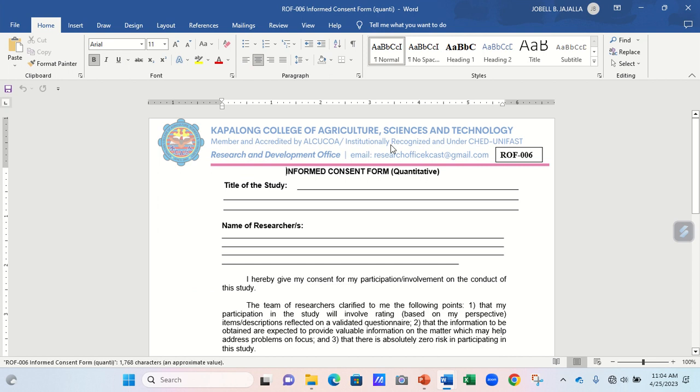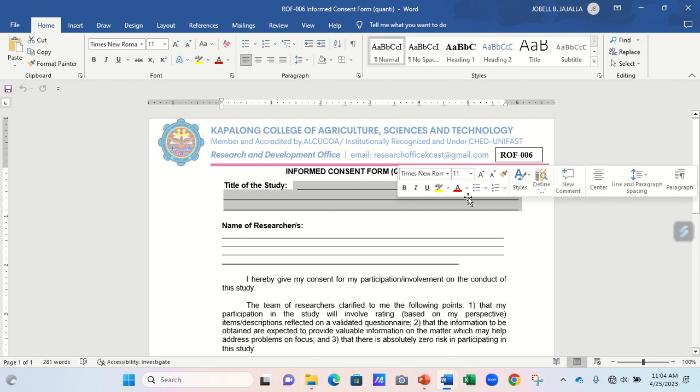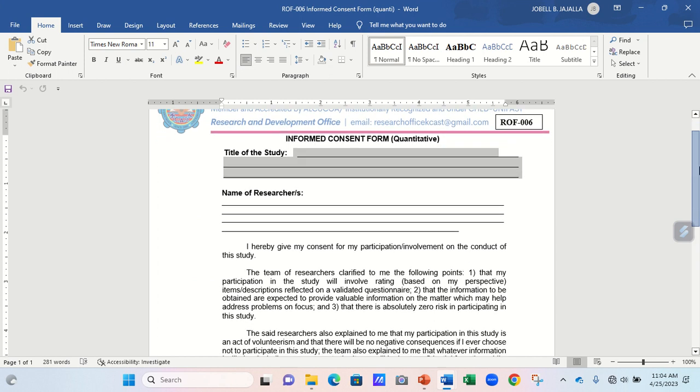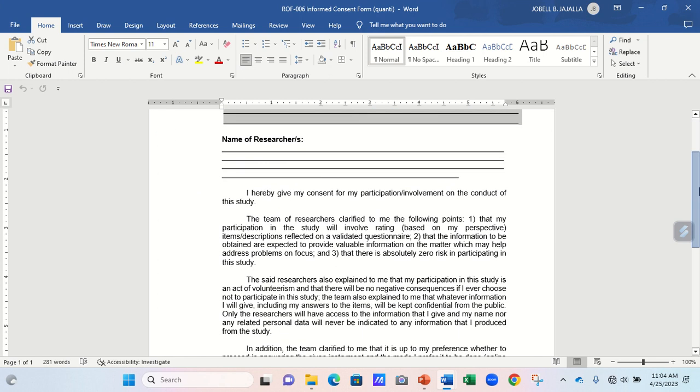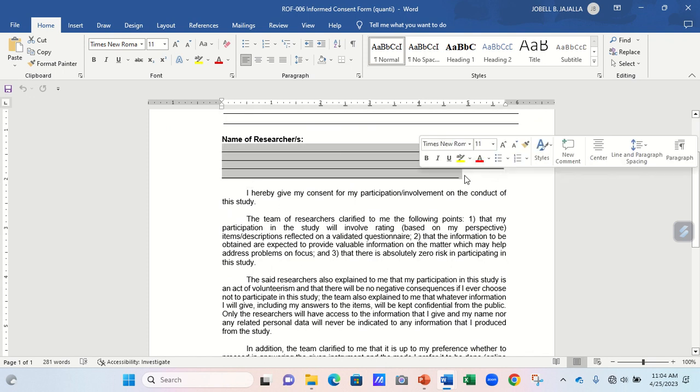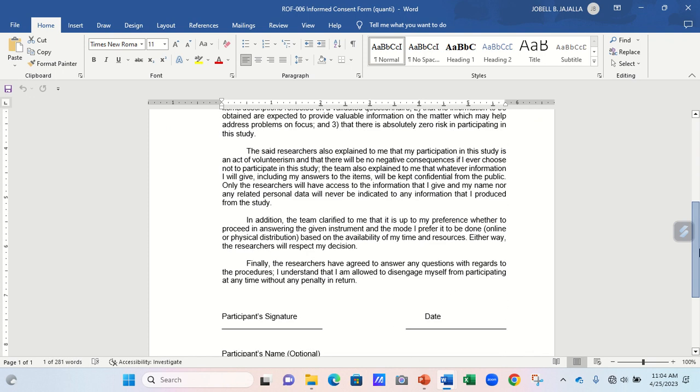For the informed consent form, the format is the same, class. All you have to do is write down here the title of your study. It can be encoded or handwritten. You also have to write down the name of the researcher, or if you are alone, write only your name.